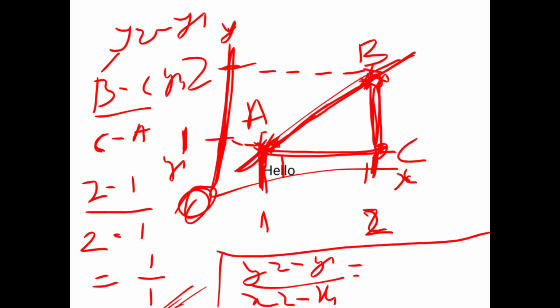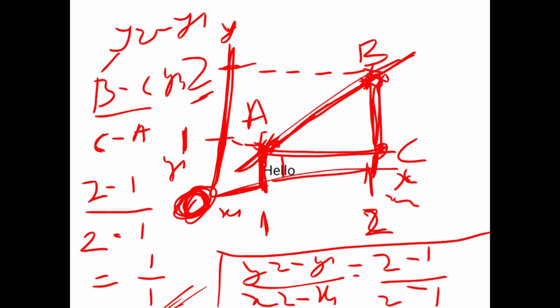So y2 is 2. So 2 minus y1, which is 1, all over x2 minus x1. The first number on the x-axis is your x1. Then as you progress and you move to this place, this one is your x2. So x2 is 2 minus 1, and you're still gonna get the same 1 over 1.